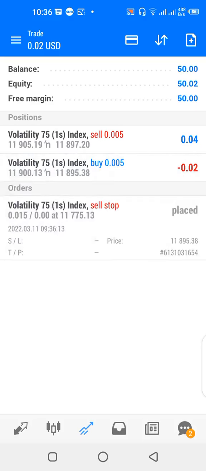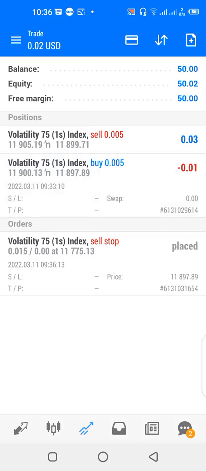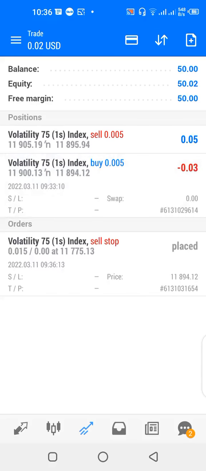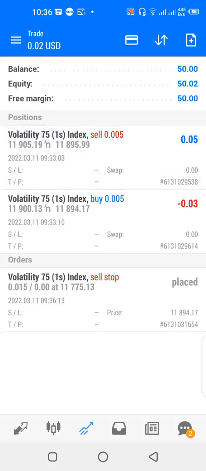The running buy trade is 0.005. The sell stop lot size is 0.015. That's 3 times the lot size of this buy trade. So I'm going to set the same insurance for my running sell trade. On my Excel sheet, I'm going to calculate 125 points as my edge spacing.